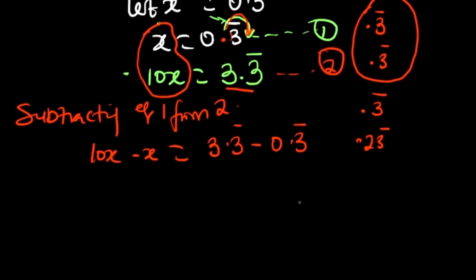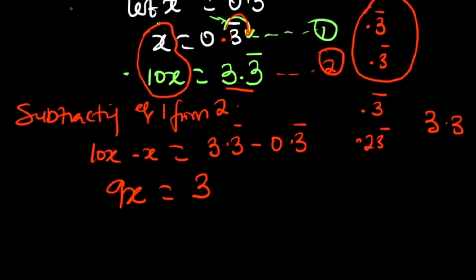Now you can use our calculator. So 10x minus x will give us 9x is equal to 3.3, you can just punch 3.3 on your calculator minus 0.3. Here we have 3.3 minus 0.3, and that gives me a 3, right? You've seen that the repeating decimal has been effectively terminated. In this case, we can now solve for x.